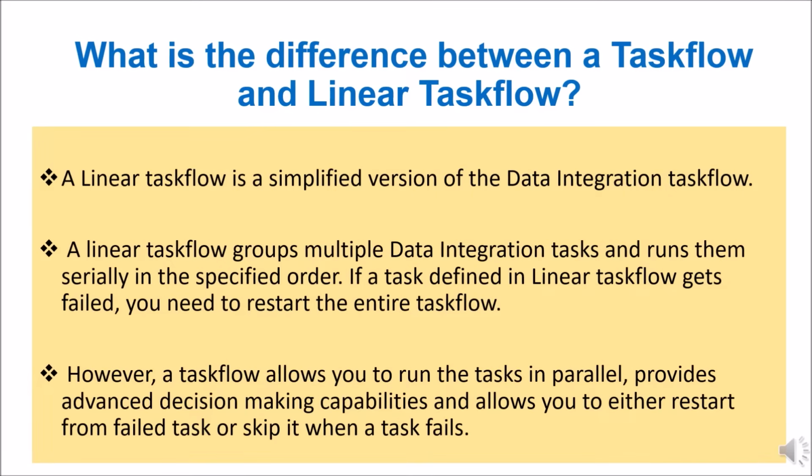There is no option to restart the job from the failed task. But in task flow, we have that option. It allows you to run the tasks parallelly, and it also has some advanced decision making capabilities that allow you to either restart from the failed task or skip it when a task fails.